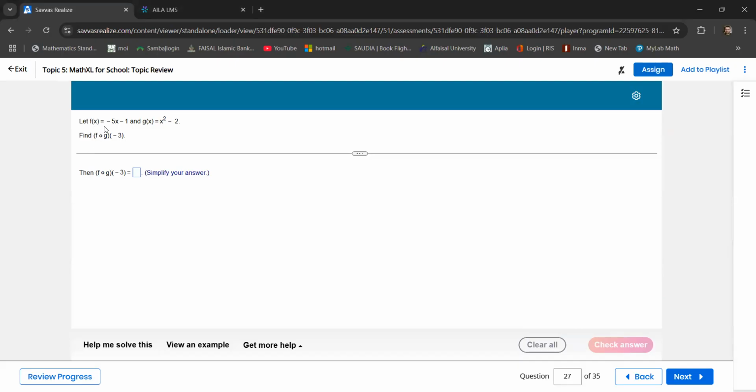Let f of x equal negative 5x minus 1 and g of x equal x power 2 minus 2. Find f composition g of negative 3. According to the definition, this will be f of g of negative 3. So we evaluate g of negative 3 first.